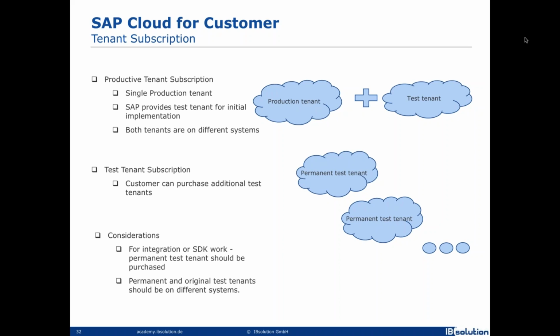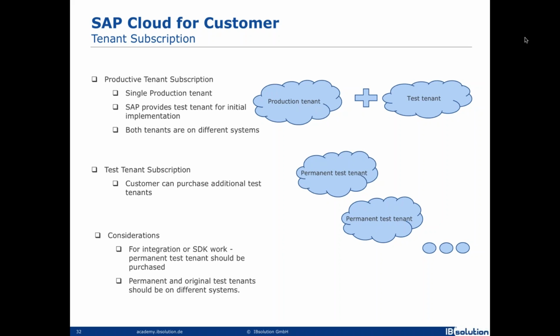They will be covered in the other webinars which are going to follow this one. But in theory, you can have a simple implementation of Cloud for Customer with the minimum of these 2 tenants, a test tenant and a production tenant.